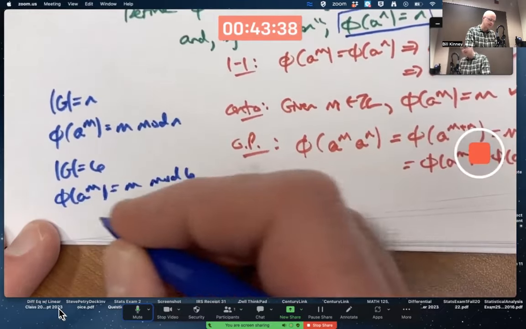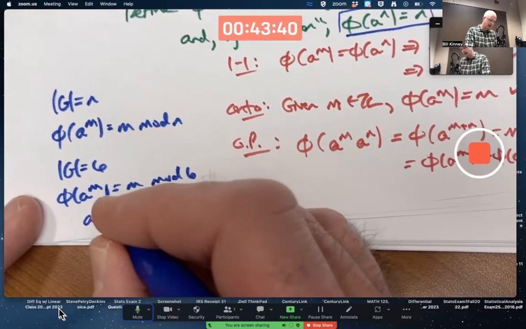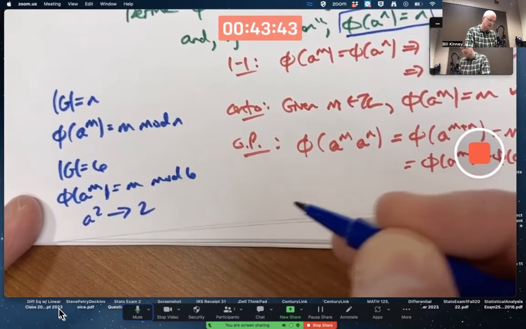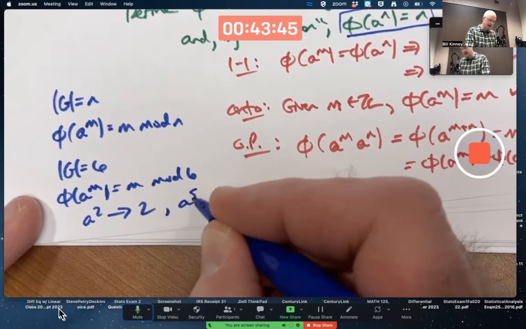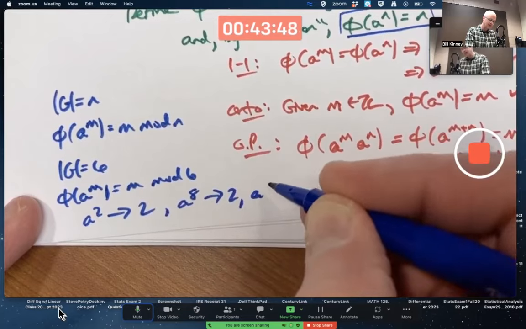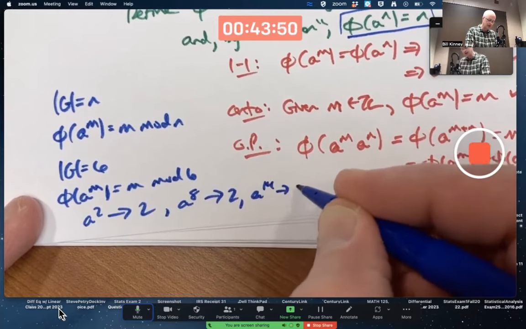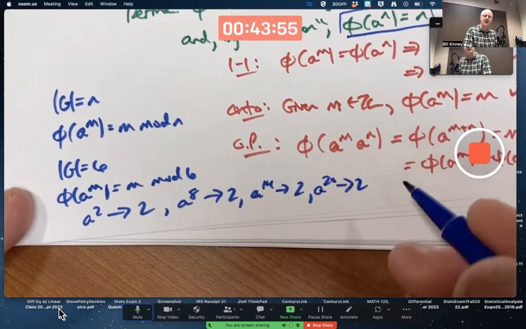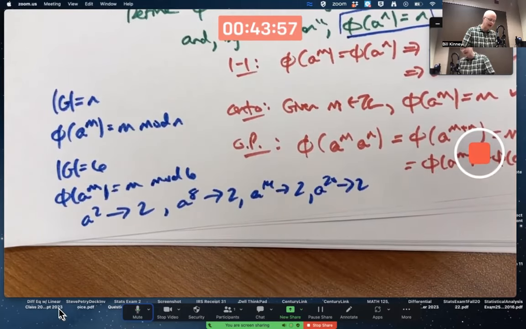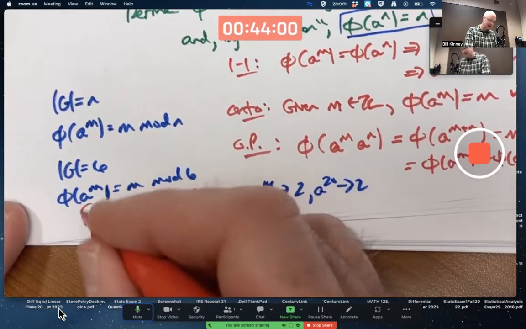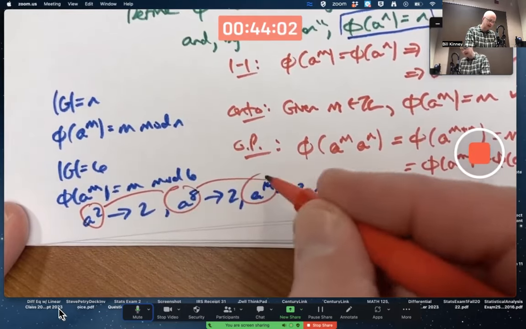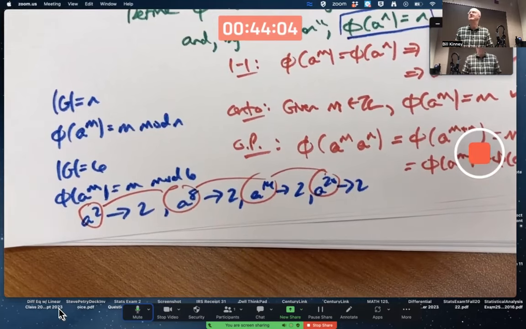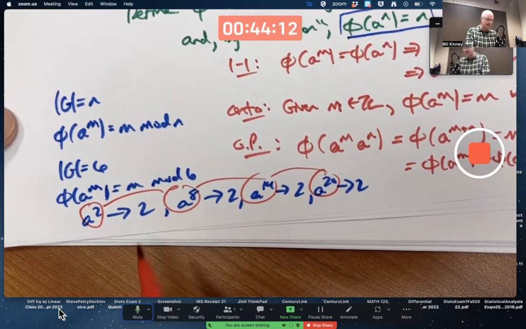That's going to mean, for example, yes, a squared is going to get mapped to 2, but it also would mean a to the 8th gets mapped to 2, a to the 14th gets mapped to 2, a to the 20th gets mapped to 2, which is a good thing because since a has order 6, a squared, a to the 8th, a to the 14th, a to the 20th are all the same element. They better map to the same thing if this formula is going to make sense.